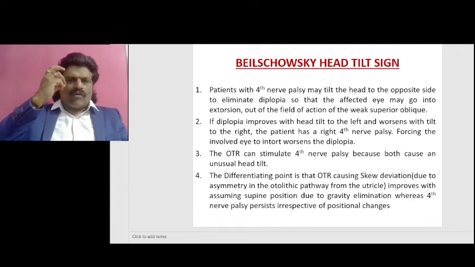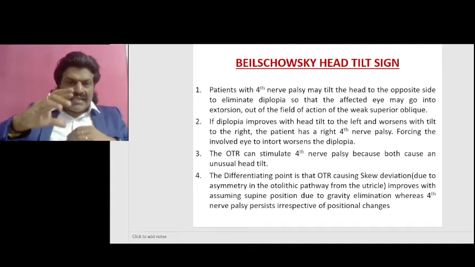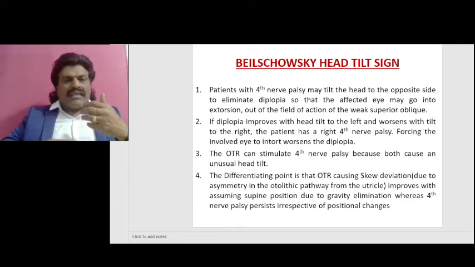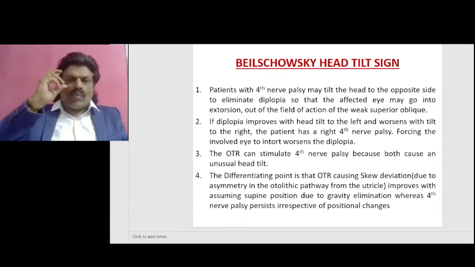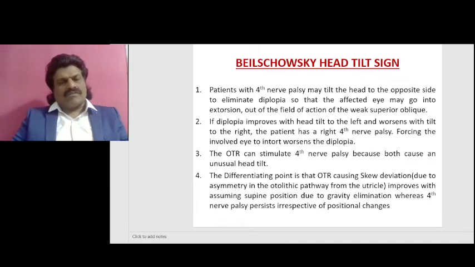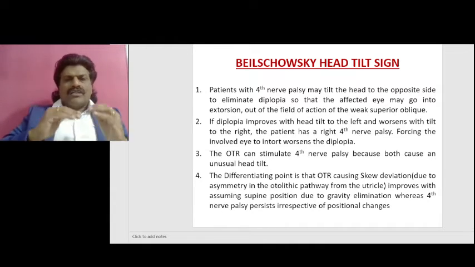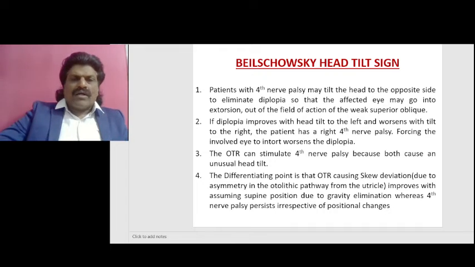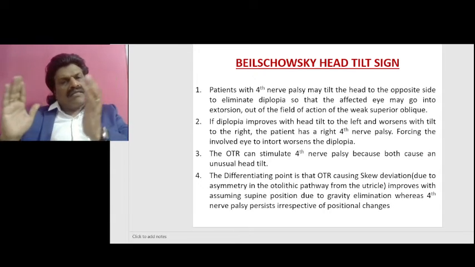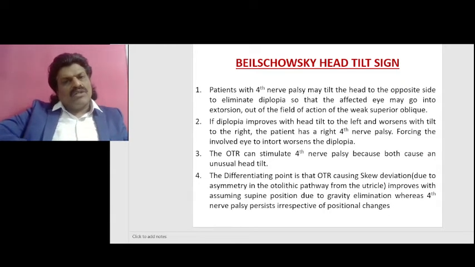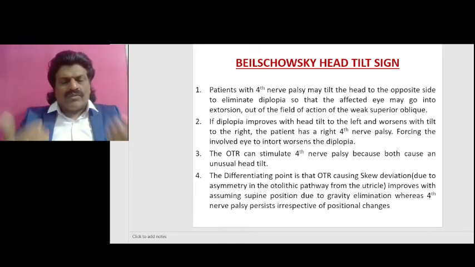When there is a superior oblique weakness, there is diplopia, and the diplopia worsens when I put this weak muscle into action, that is intorsion. So in order to reduce diplopia, I should move the superior oblique out of its action. That means I should put it not into intorsion, but into extorsion. So how can I do that?